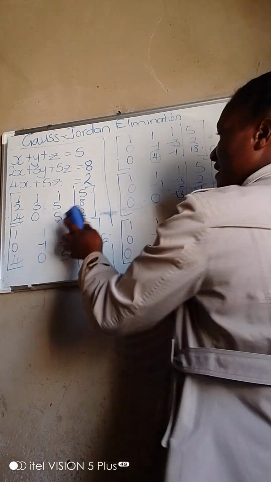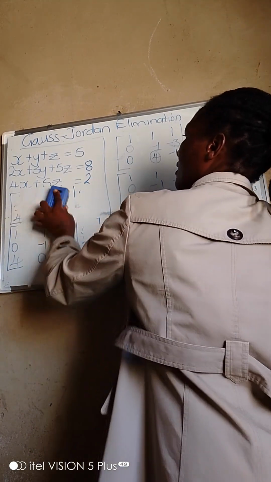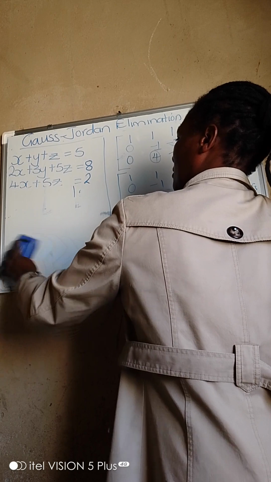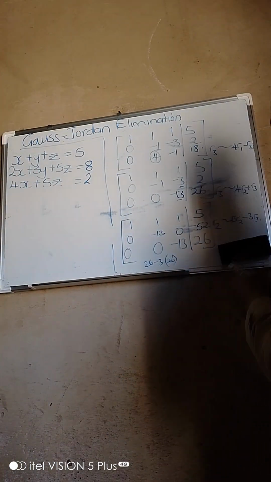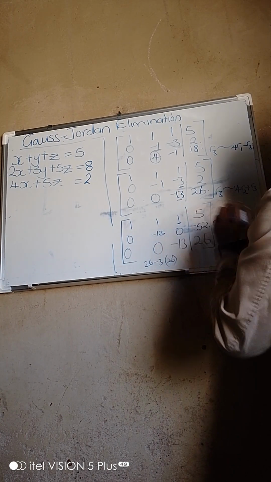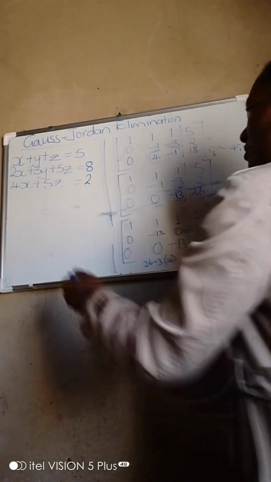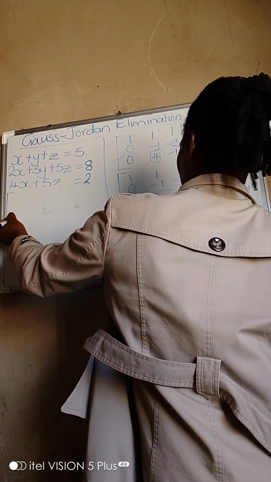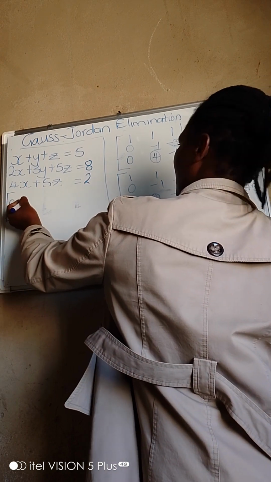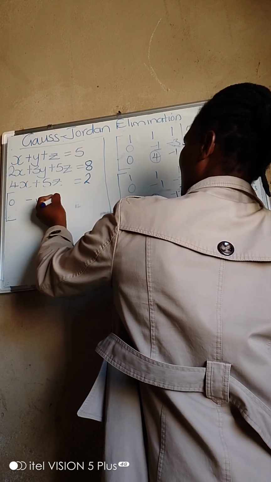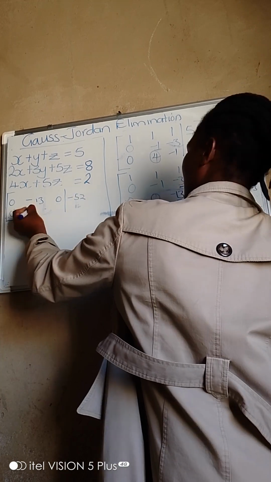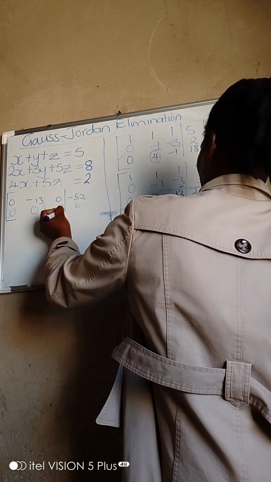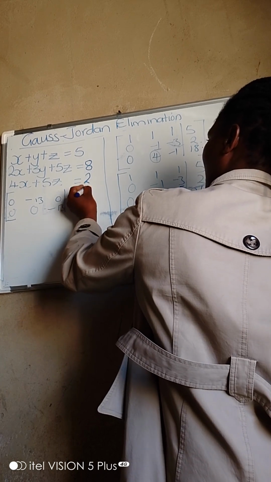I'm going to erase this part. We are now moving on to this. This should reduce to a 0. So we have 0 minus 13, 0 minus 52, 0, 0 minus 13, 26.